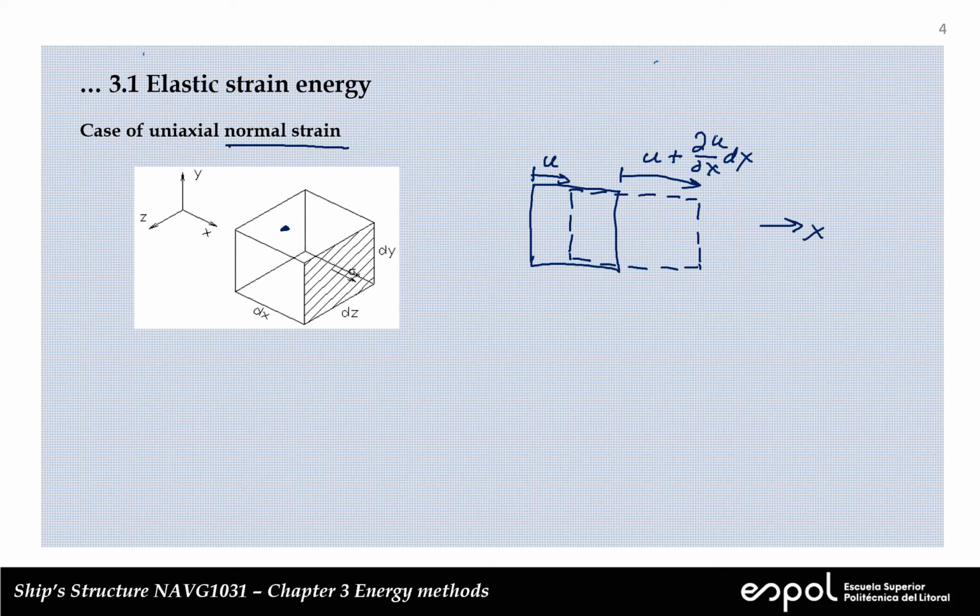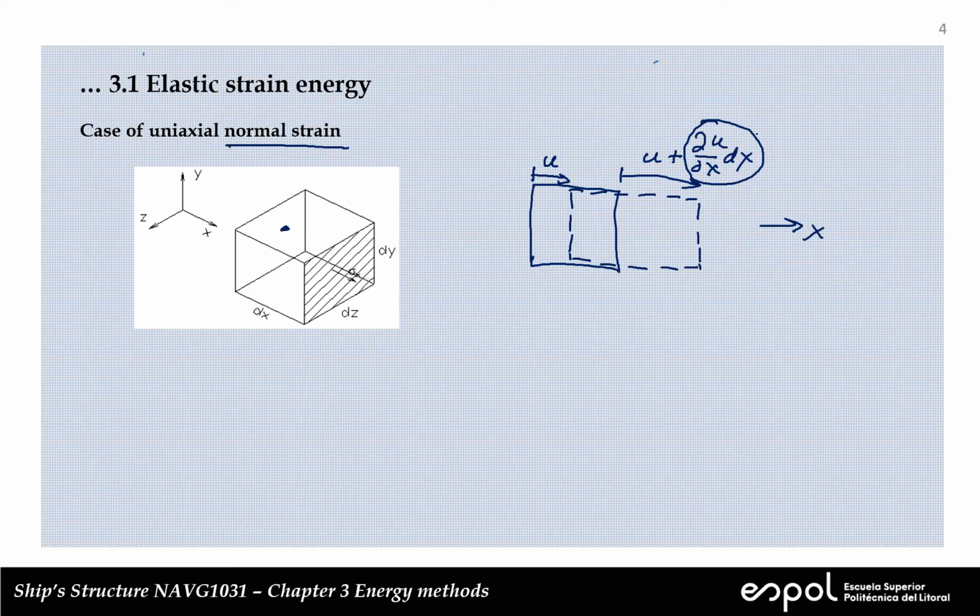So this is the difference between what the right face has moved with respect to the left one, because both move an amount U, but the right-hand side moves a little bit more.